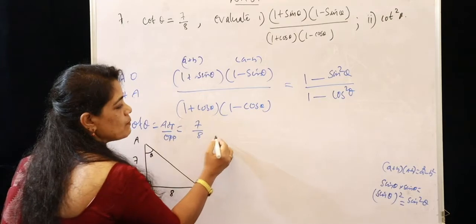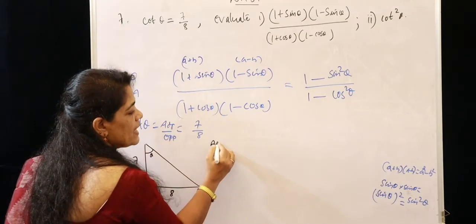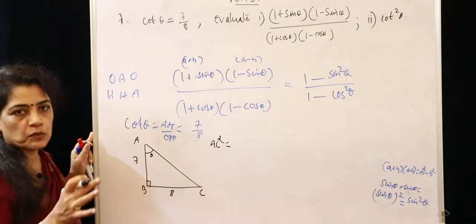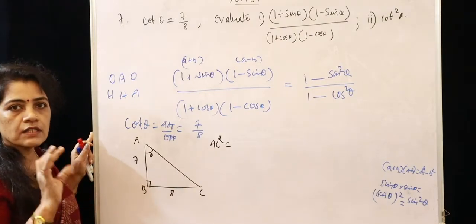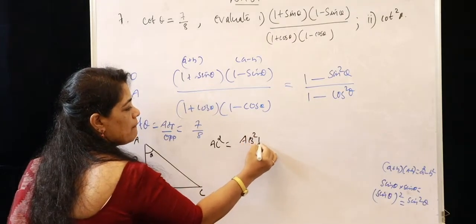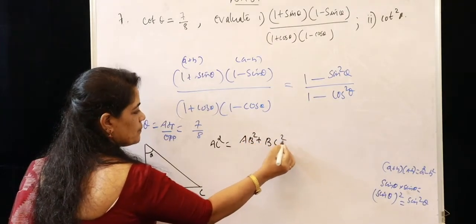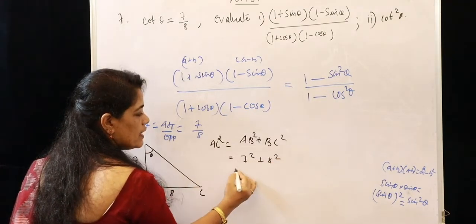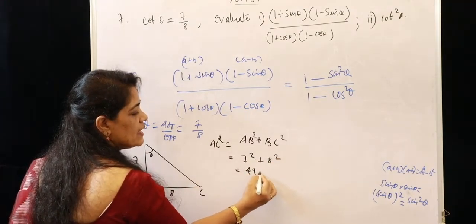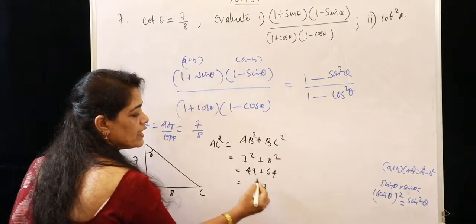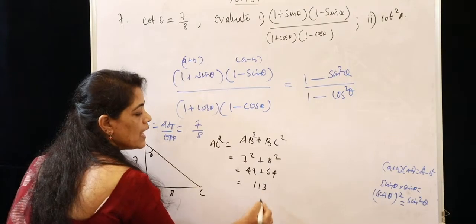By Pythagoras theorem, AC square, the hypotenuse we need, is equal to the sum of the squares of the other two sides. That means AB square plus BC square, that is 7 square plus 8 square. Here comes 49 plus 64. 9 plus 4, 13, 1 carry, 6 plus 4, 10 plus 1, 11.